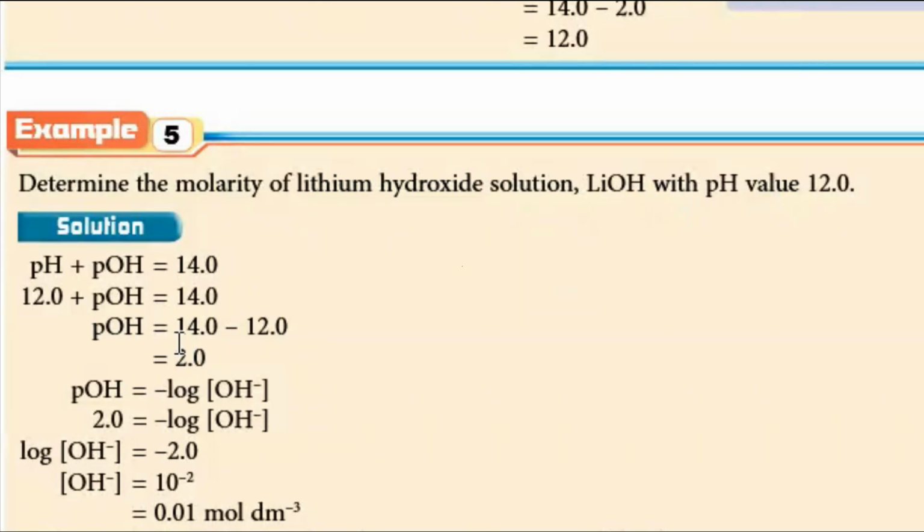So pOH is equivalent to 14 minus the 12. So we know pOH is 2. So upon getting your value of pOH, you feed into the formula, find the concentration of hydroxide ions. And remember girls, whenever they ask you to determine the molarity, then your unit must be mole per dm cube.